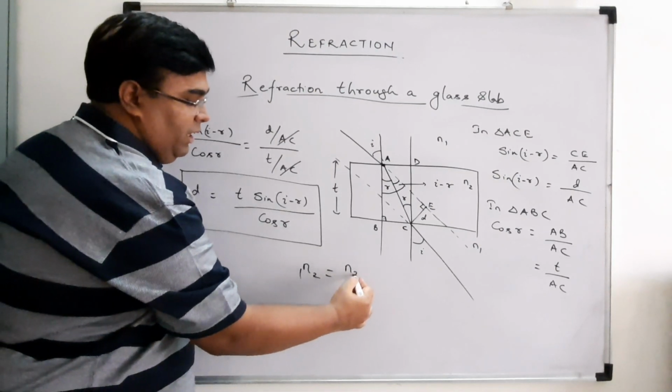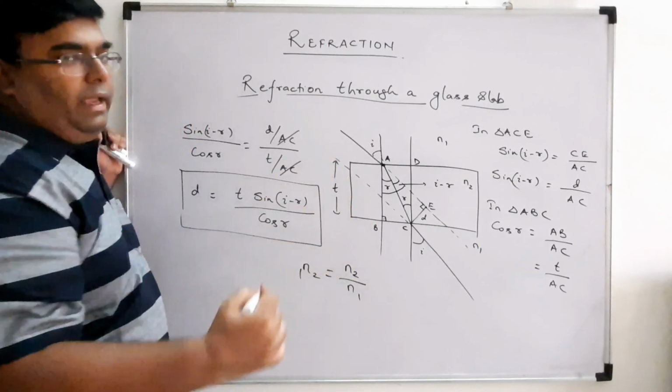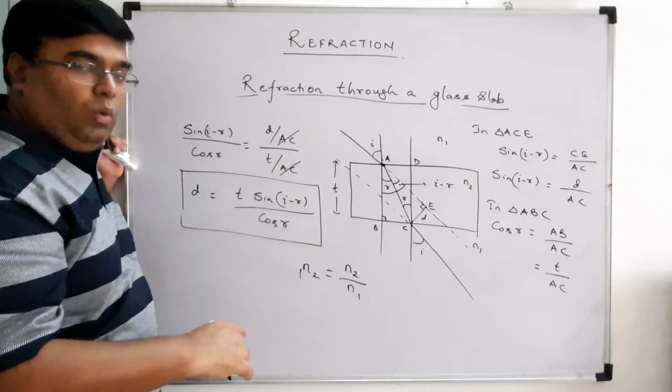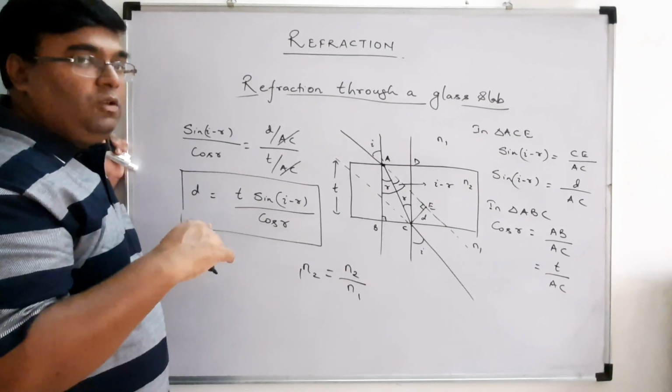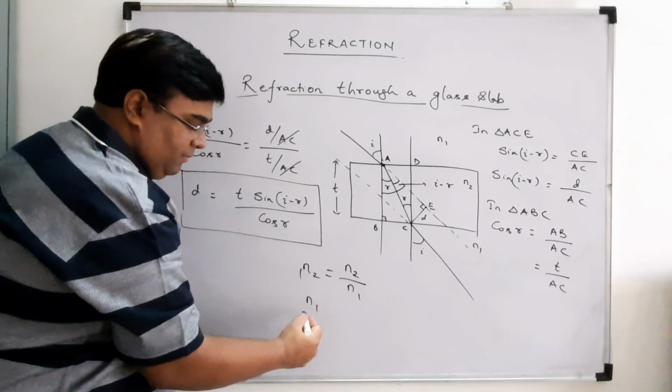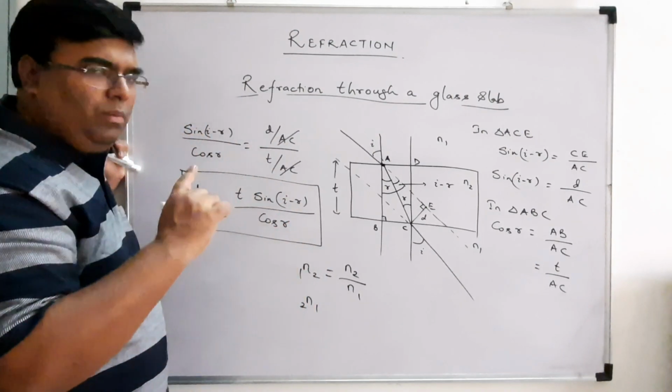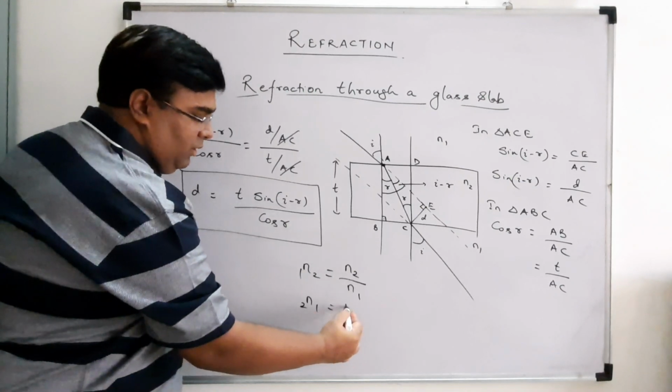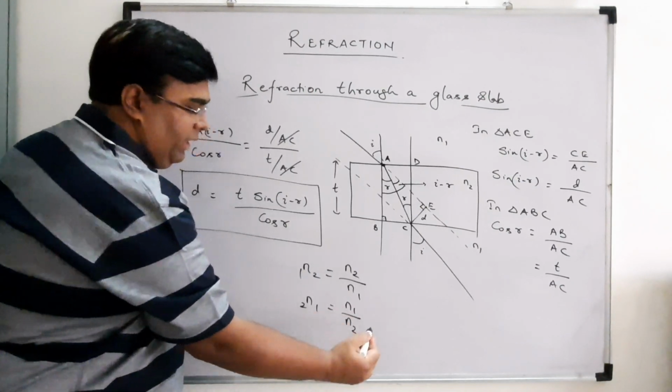This is my N2 by N1. And if I want to calculate the refractive index of air with respect to glass, medium 1, medium 2, like this, it is N1 by N2.